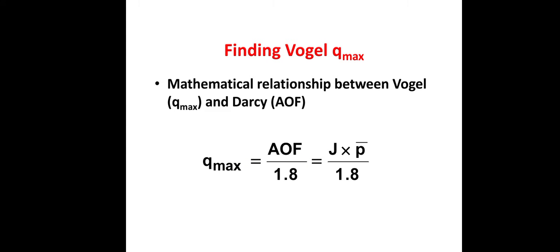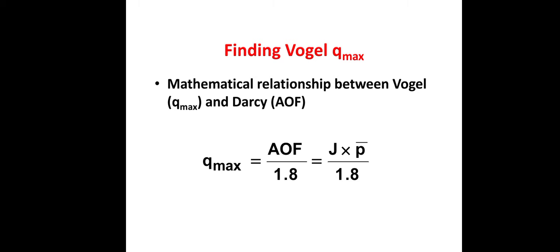So how to find the Vogel Q max? Mathematically, it is the relation between the Vogel Q max and the Darcy equation, which is normally known as the average flow rate equation. Q max is the AOF, that means the Darcy equation, J multiplied by P, the average reservoir pressure, over 1.8.